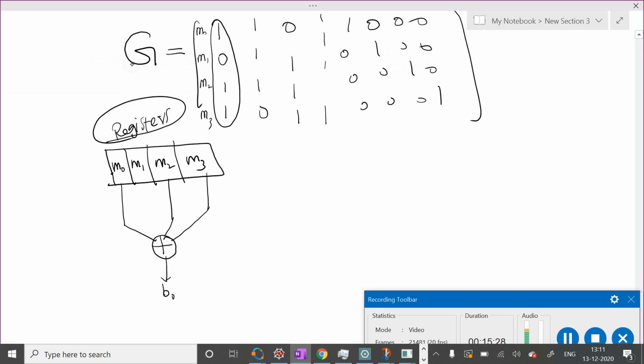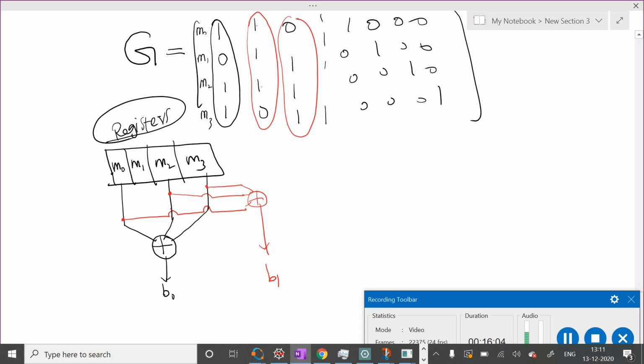Let me now use a different color for the second bit. For the second bit, you have to take M0, M1, M2. I can take it like this, and XOR it, and you will get B1, right?